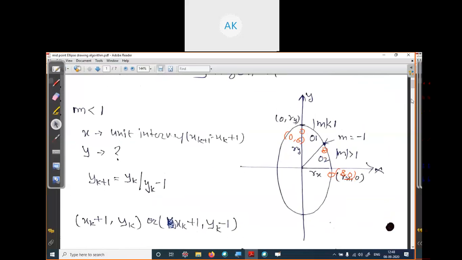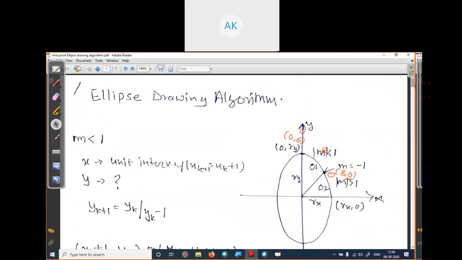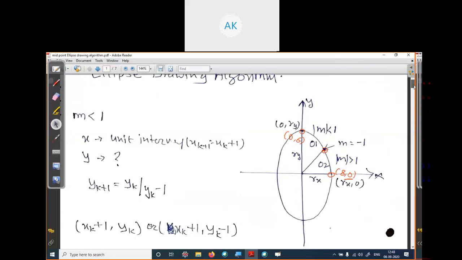We have calculated points in region 1 only, octant 1 only. We have calculated the points in quadrant 1. What are the values for quadrant 2, quadrant 3 and quadrant 4? How can we calculate the other quadrants' points?